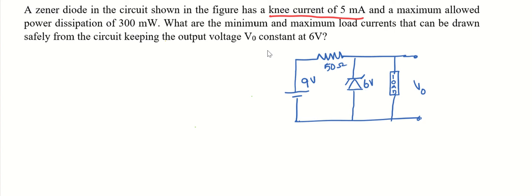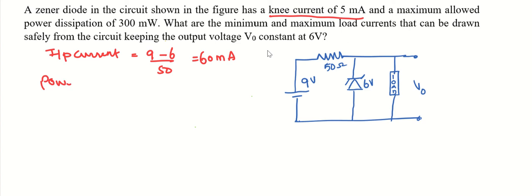To find that, we have to first find the input current flowing through the circuit. Okay, so the input current is nothing but 9 minus 6 divided by 50. It is equal to 60 milliamps. Given the power dissipation through the Zener as 300 milliwatt.